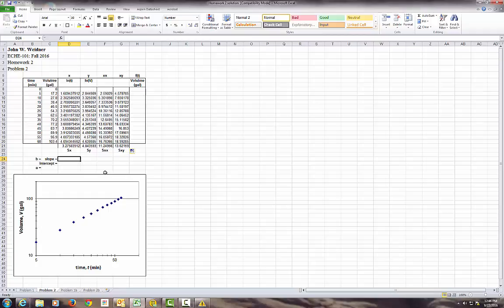In this case, unlike problem 1, where I knew the intercept, in problem 2 I don't, so I need to calculate both the slope and the intercept, and so let me enter that equation.